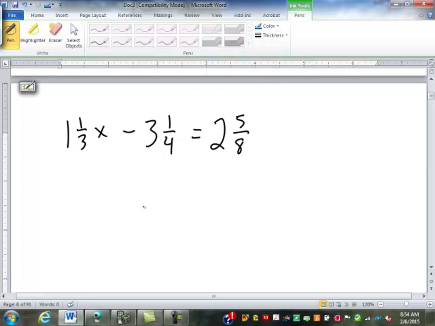Let's try this one. You guys tell me what to do. Add 3 and 1/4. Perfect. That'll be gone. 1 and 1/3 x equals.